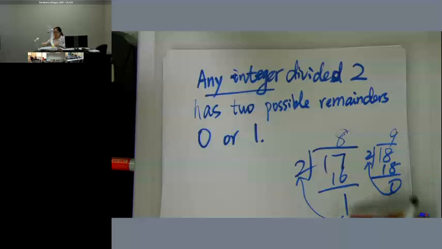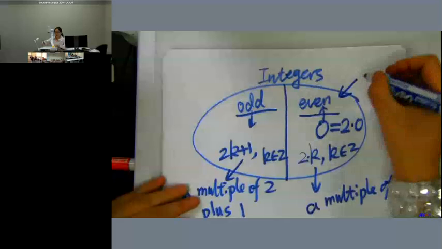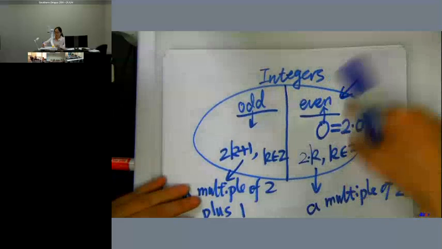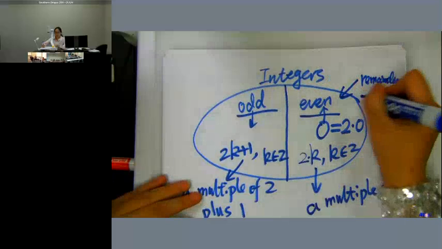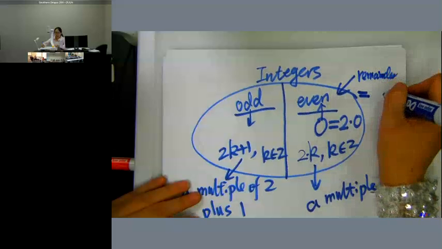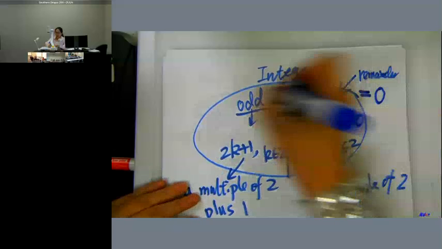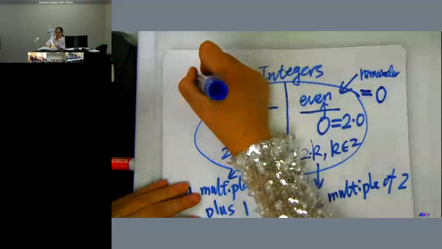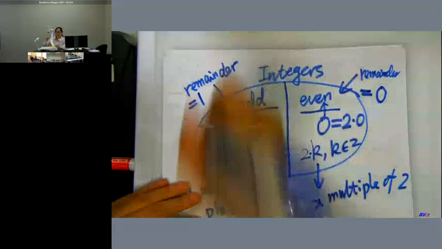Okay, so we can use the remainders to divide the integers into different categories. Go back to look at this case: what kind of numbers are even? All the even integers, when you divide them by 2, the remainder is what? 0, right? What about the odd integers? Any odd integer, if you divide it by 2, the remainder is always 1, right?